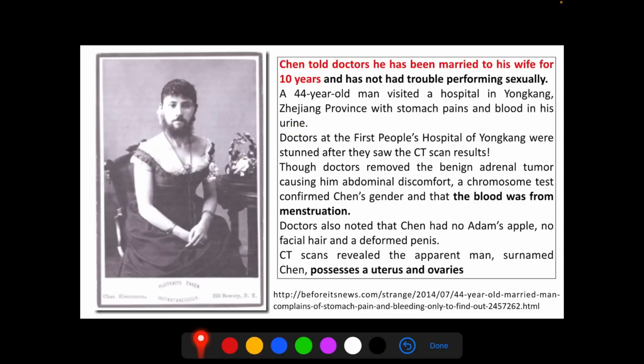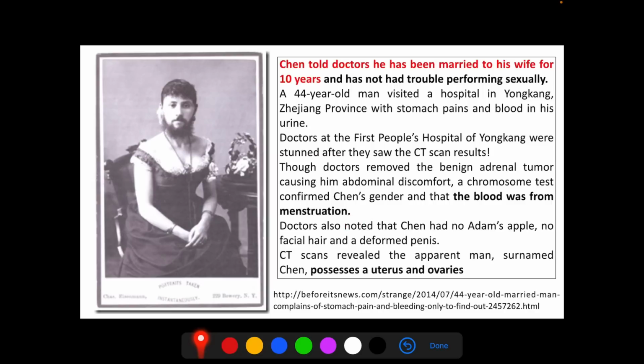The doctors at the First People's Hospital of Yongkang were stunned after they saw the CT scan results of Chen. Though the doctors removed the benign adrenal tumor causing him abdominal discomfort, a chromosome test confirmed Chen's gender and that the blood was from menstruation.